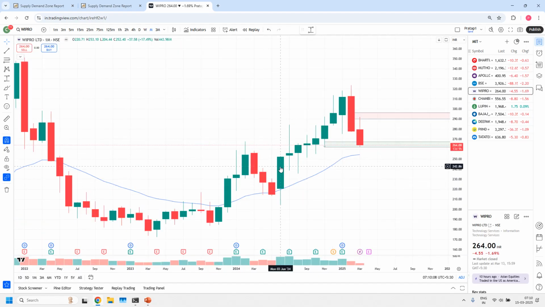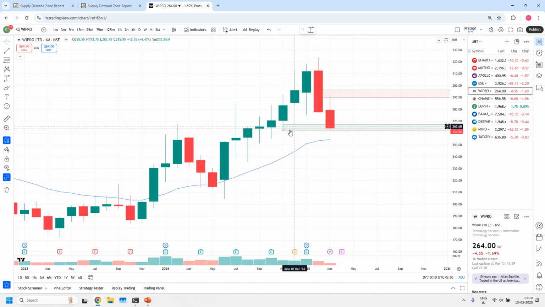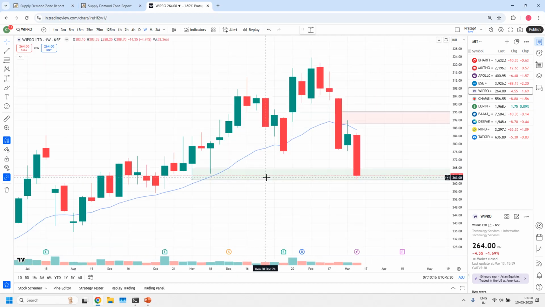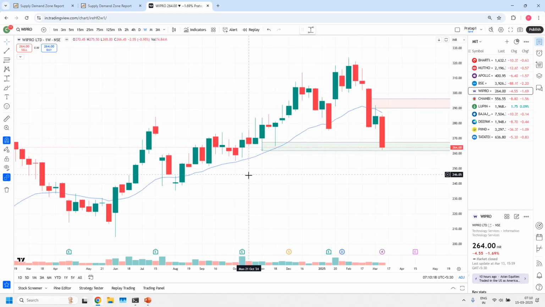I think for Wipro we forgot to check weekly zone confluence. So let me go to the weekly time frame. Where is the weekly zone for Wipro here?